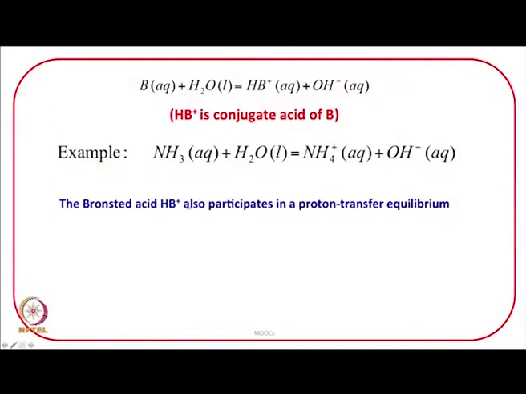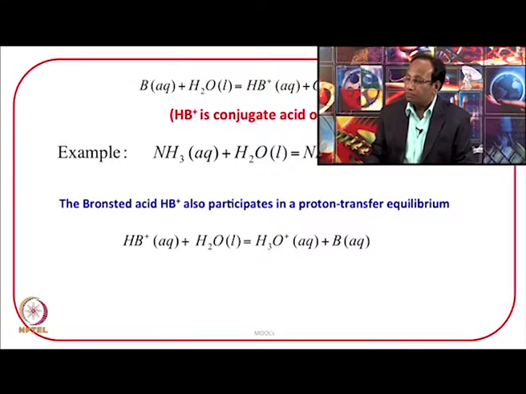So HB plus aqueous plus water forms H3O plus and B. HB plus is donating a proton to water.